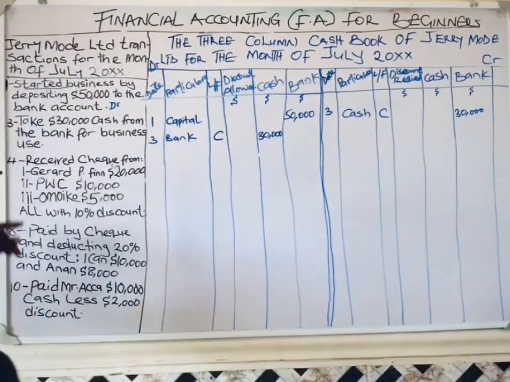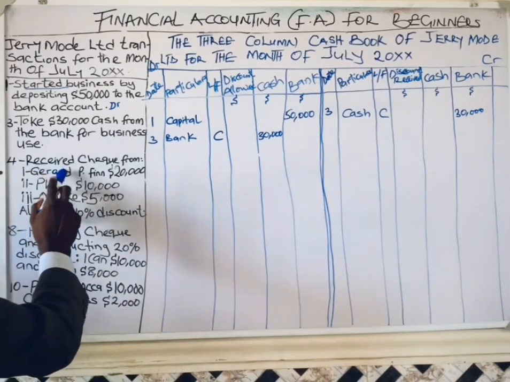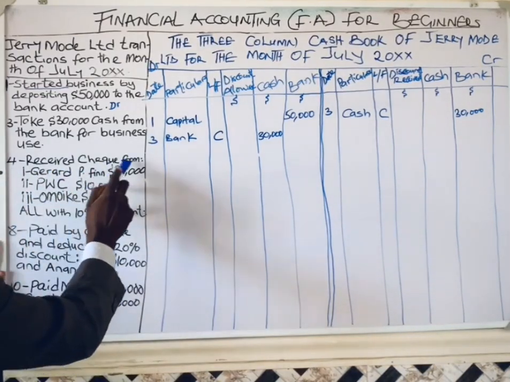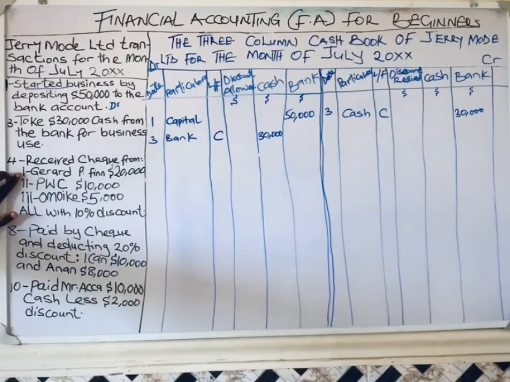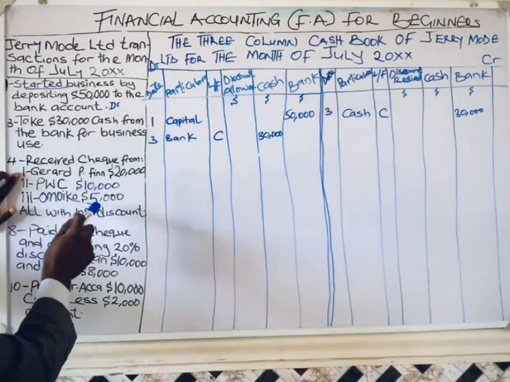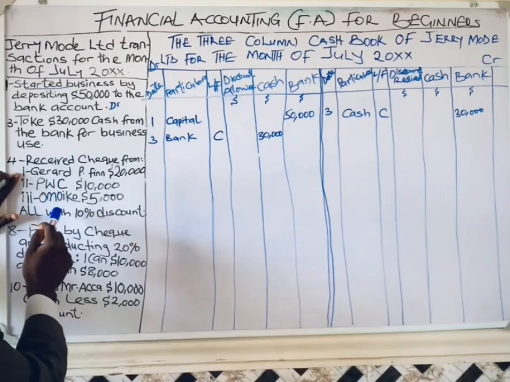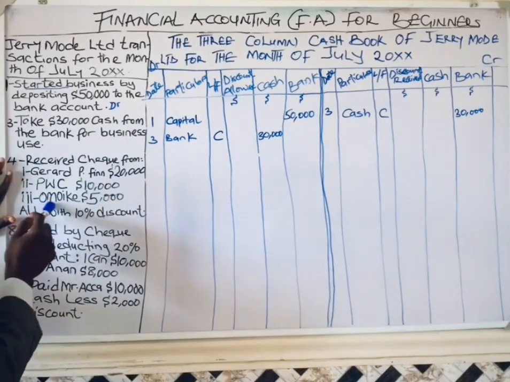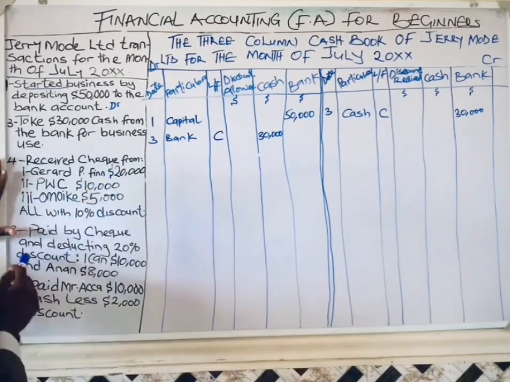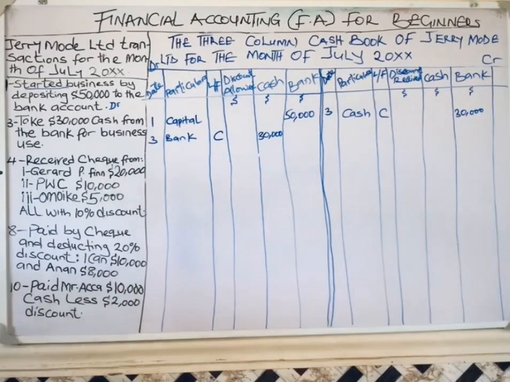Then the next transaction is receive cash from one Gerard P. Fee, $20,000, PWC, $10,000, Omoeke, $5,000, all with 10% discount. So please listen.